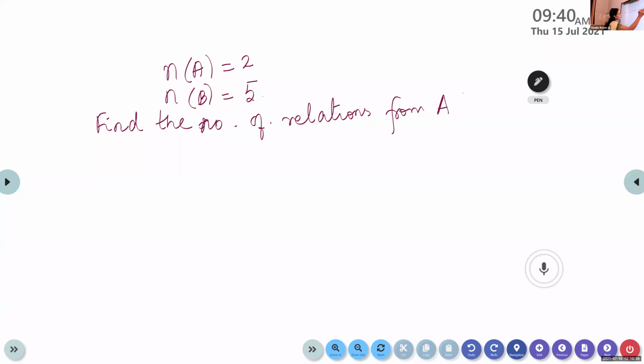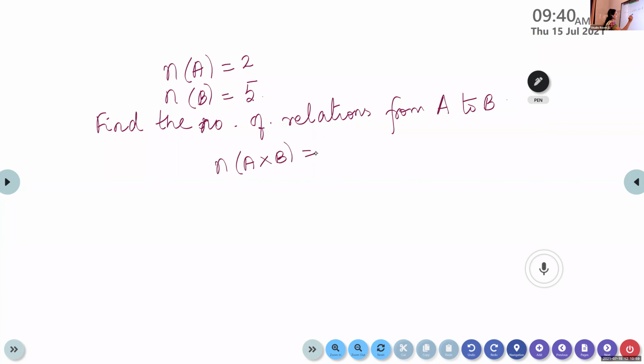So how many relations can we define from A to B? It's a 1 mark question. This type of question you can expect for 1 mark. So n of A is 2, n of B is 5. How many elements will be present in A cross B?